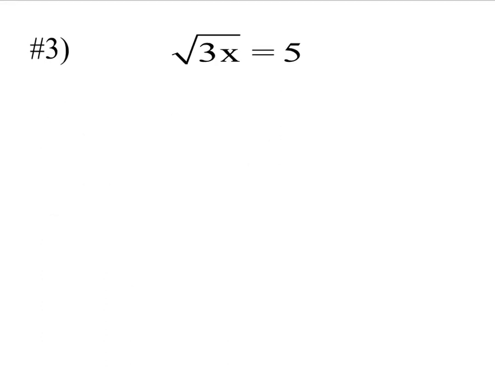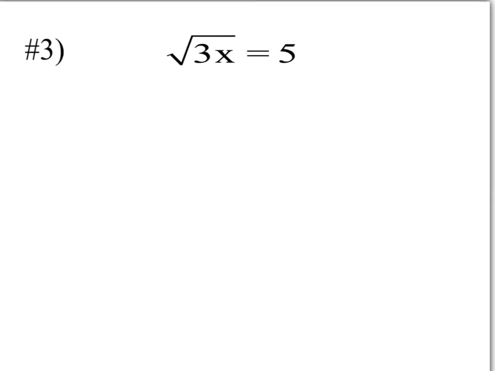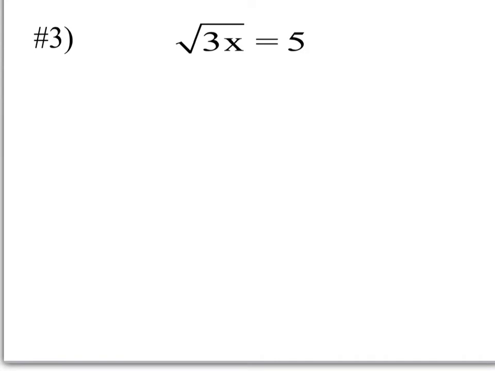Alright, now we're dealing with our radical rules. Remember, in order to solve a problem that's involving radicals, you have to get one of the radicals isolated and then square both sides. So here I am going to square both sides.